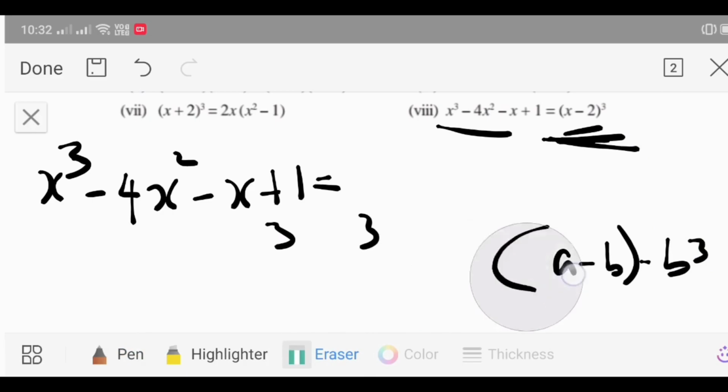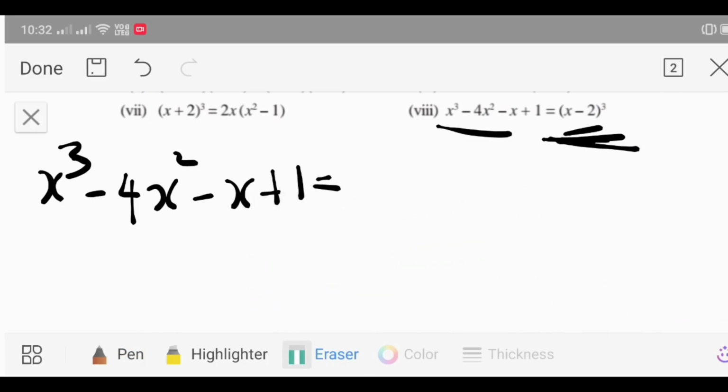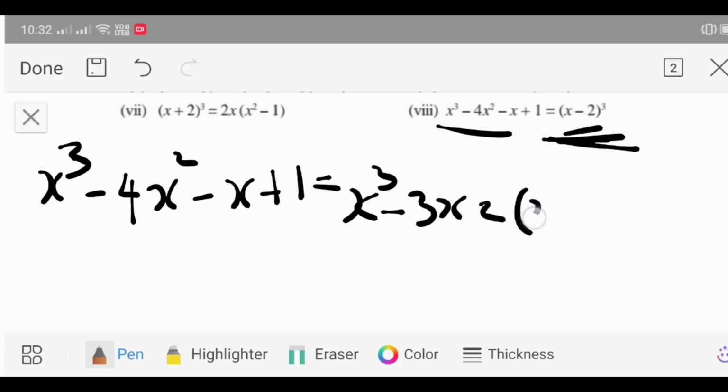So for a cube we will get x cube. For minus 3ab, a is x and b is 2, so 3ab is completed. Inside the bracket a minus b, that is x minus 2.